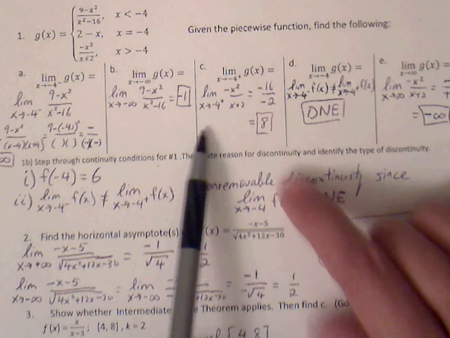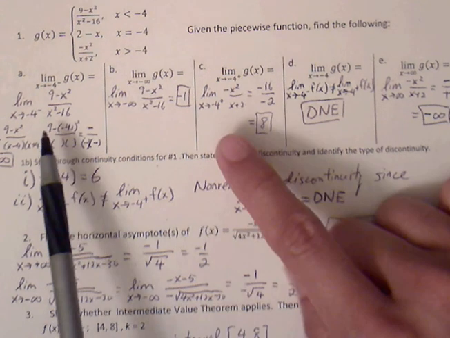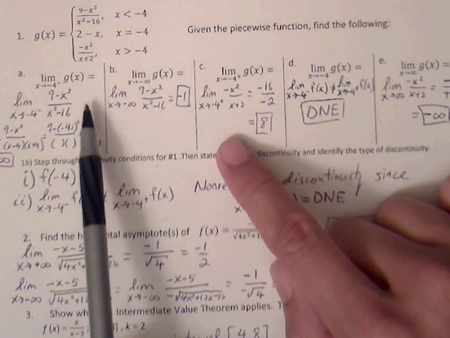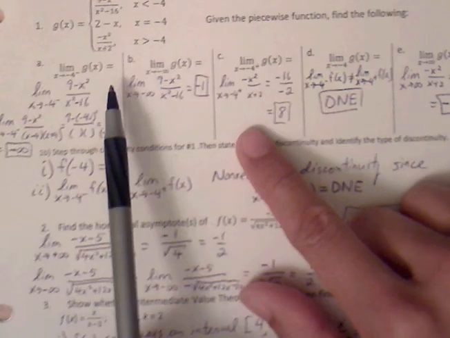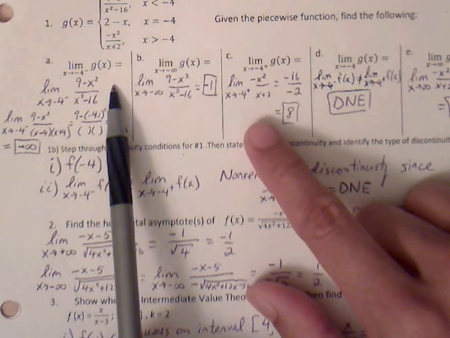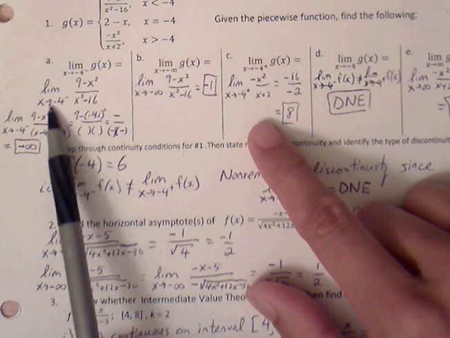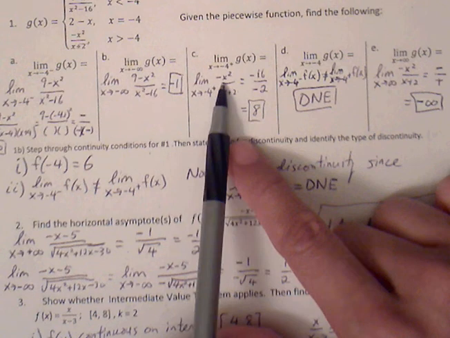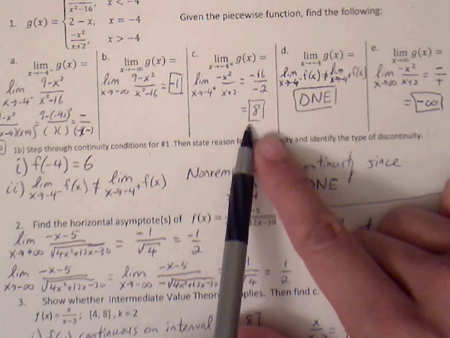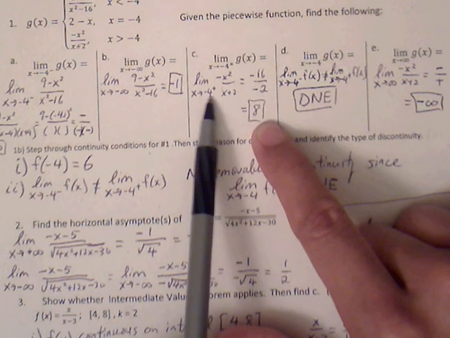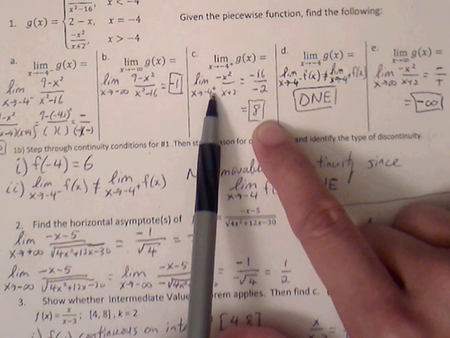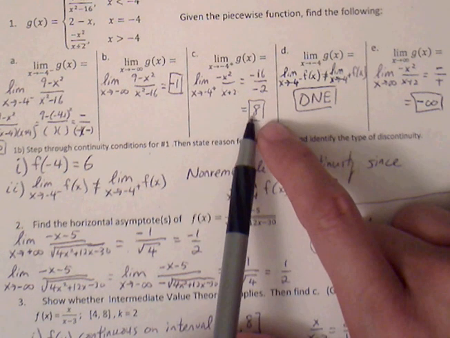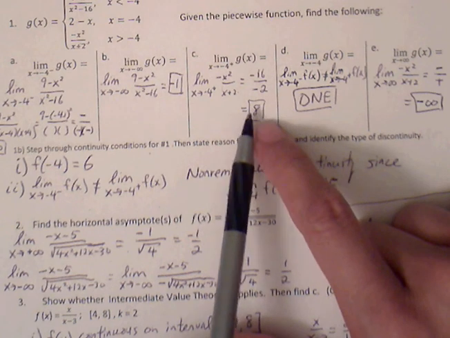Notice the difference between A and C. With A, because we got a limit that did not exist, we have to take that extra step further evaluating this one-sided limit. However, with this one, when we plugged -4 in, we got a real number, so we don't have to worry about any additional step, because we already got a solution.